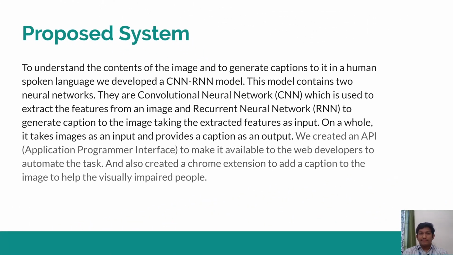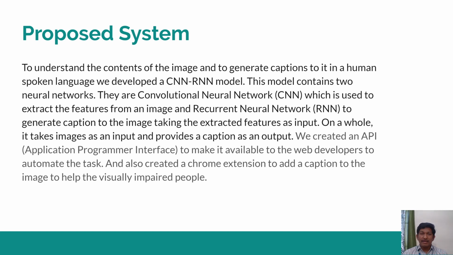We created a CNN-RNN model. This mainly has two neural networks. The first one is a convolutional neural network, the second one is a recurrent neural network. CNN is used to extract features from an image. It extracts features from a given image and represents them in a format that is small and very useful.